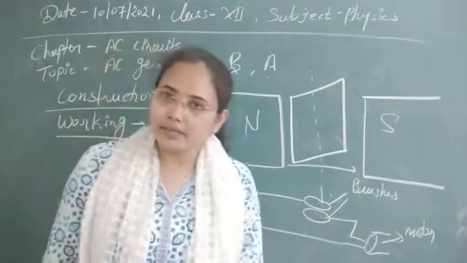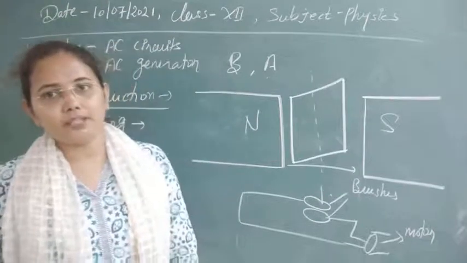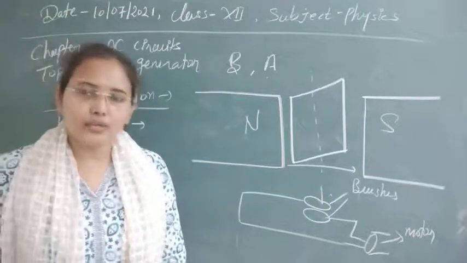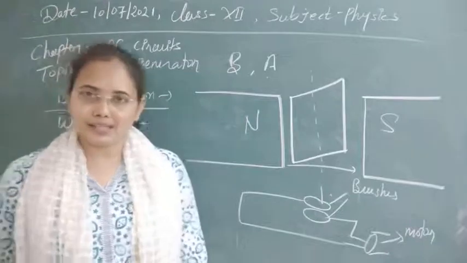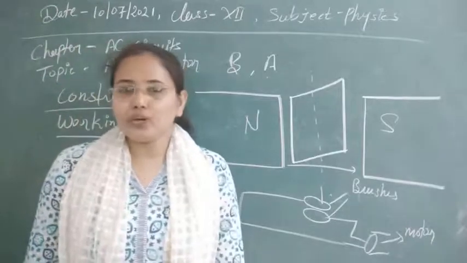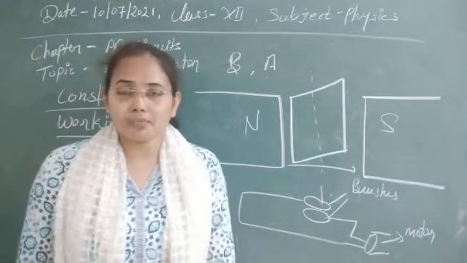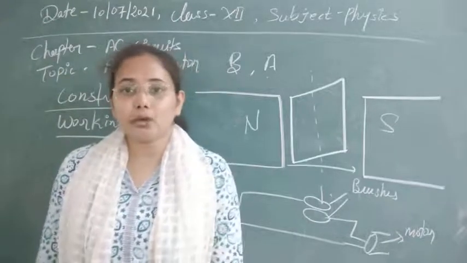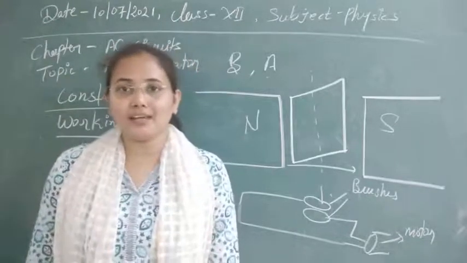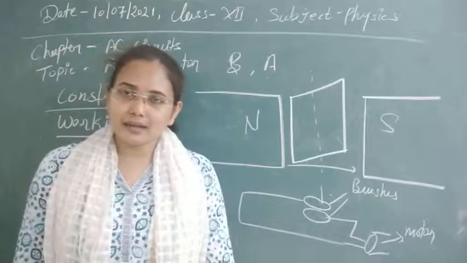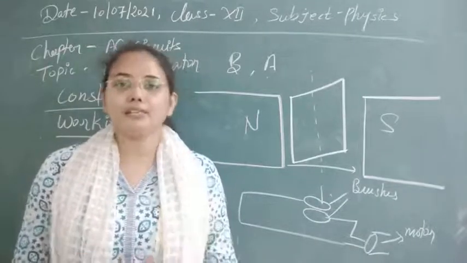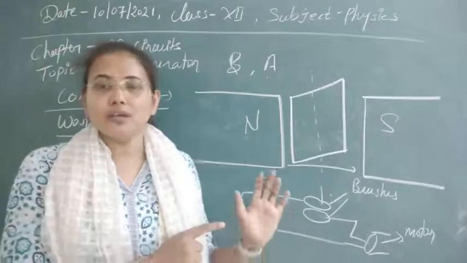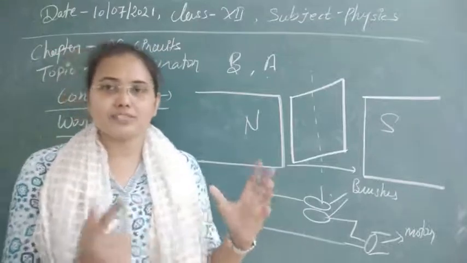Greater the number of turns, greater will be the flux linked with this coil. But you don't have to make its shape bulky. Whenever we increase the number of turns, eddy currents are generated. So to prevent the generation of eddy currents, we don't make its size very bulky.